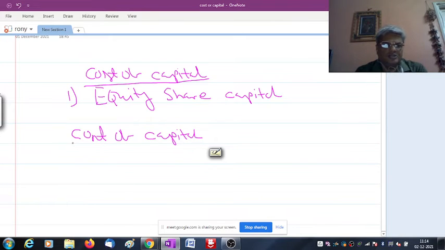Now basically this cost of capital is determined by this formula. Please write it down.